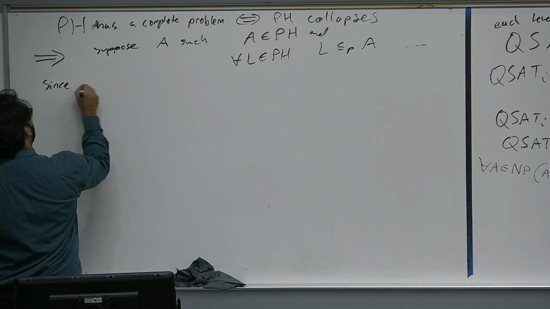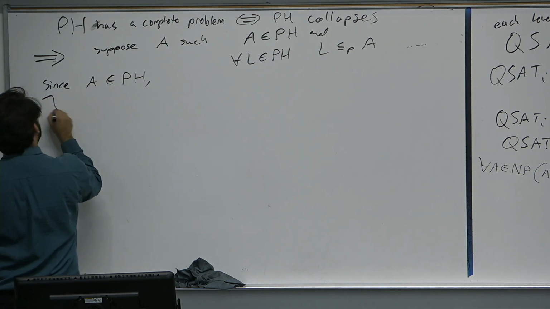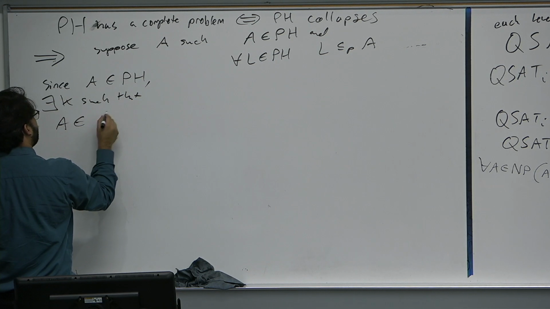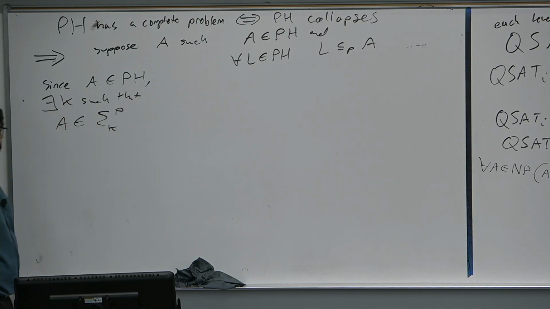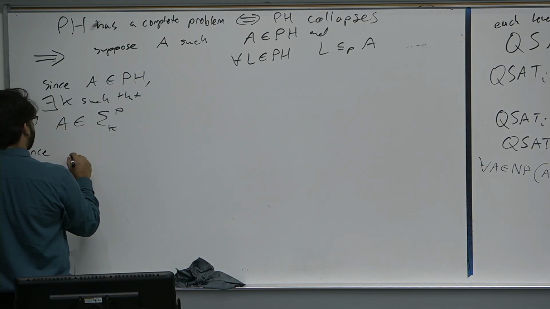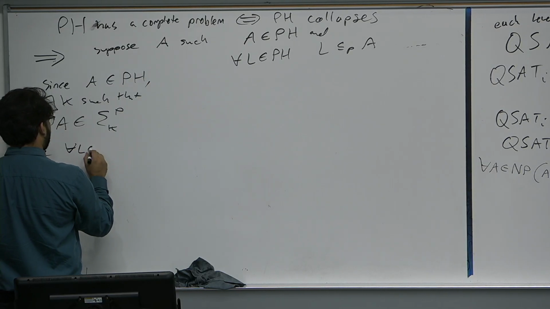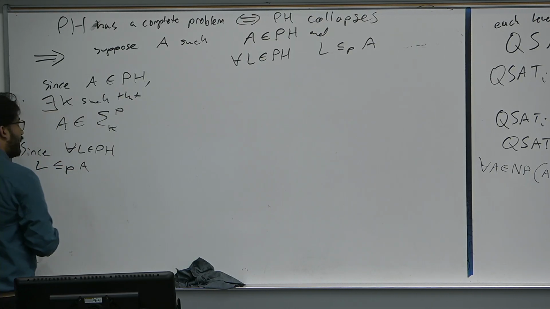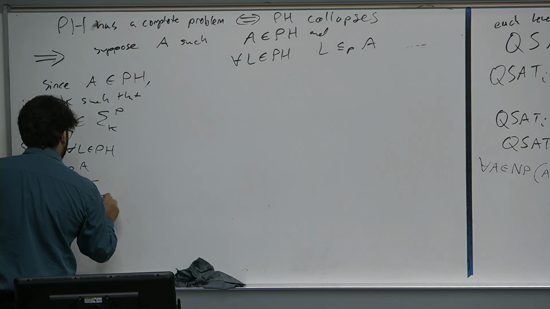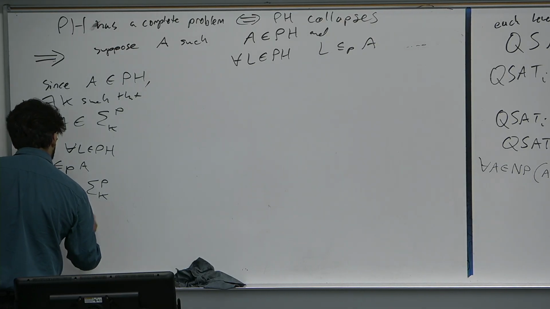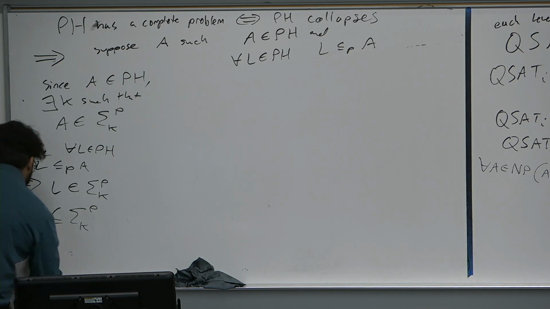Since A is in the polynomial hierarchy, there exists some K such that A is an element of Sigma K. Right? And since we may reduce from all L in the polynomial hierarchy, we have a polynomial time reduction from L to A. Each level being closed under complement implies that L is also in Sigma K. But that's sufficient to put the entire polynomial hierarchy in Sigma K, implying collapse.